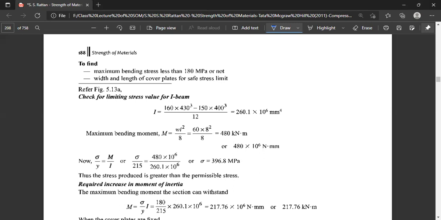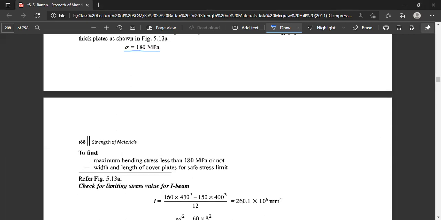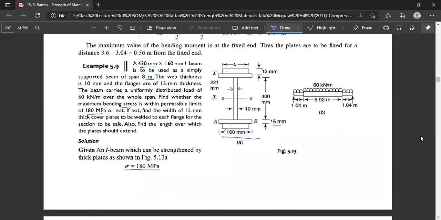We know this is a rectangular shape, so first we have to know the width. Width is given as 160 millimeter and height is given as 430 millimeter. If we consider this a rectangle of 160 millimeter multiplied by 430 millimeter, the moment of inertia will be given by 1 by 12.